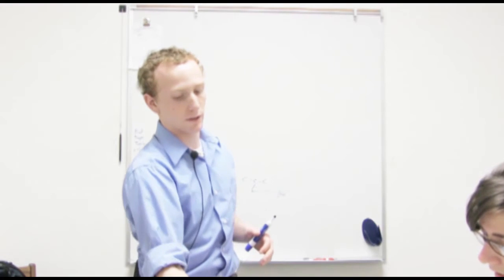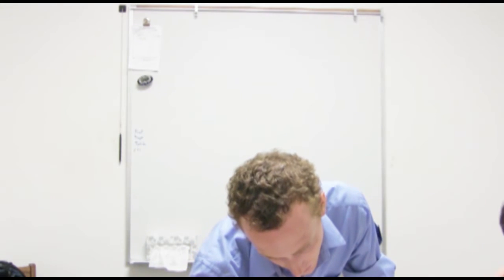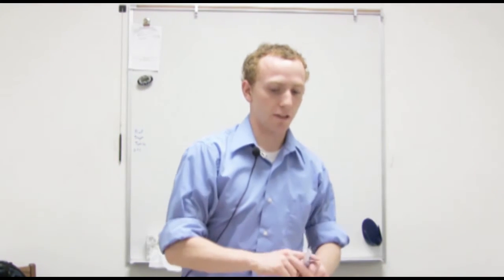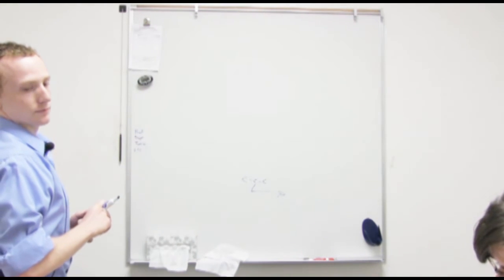Is that what this is? No. So this is glycolysis right here. Glycolysis, fermentation, Krebs cycle, then electron transport chain. Ah, okay. So this is a summary of everything. Good to know. Thank you.